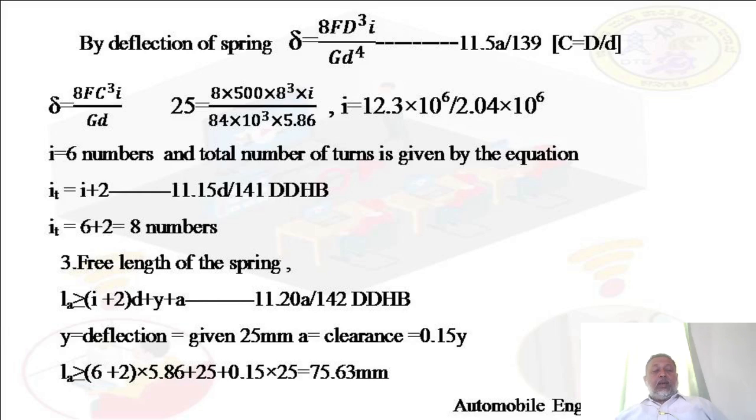We have to consider equal or greater than, but better consider equal. That is equal to (6 plus 2) into 5.86 plus 25 plus 15% of 25, totally it becomes 75.63.